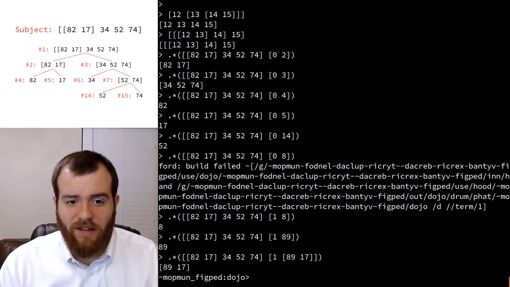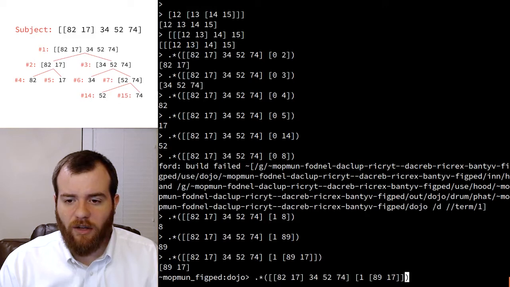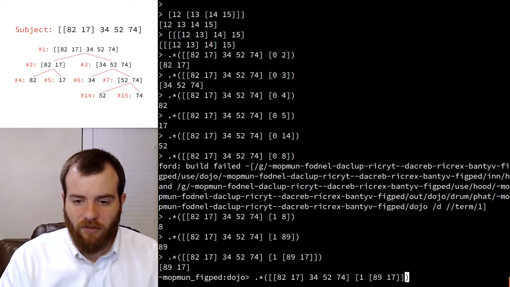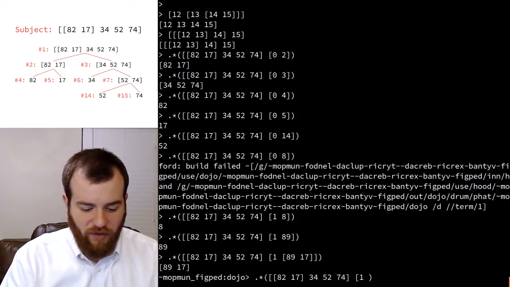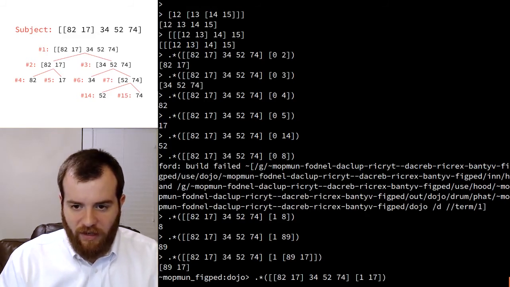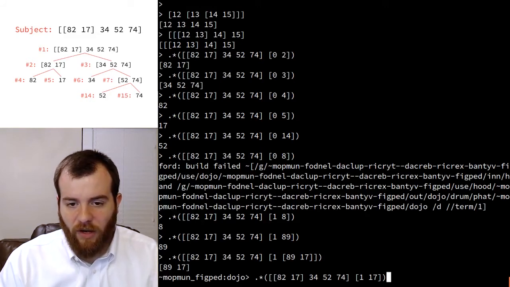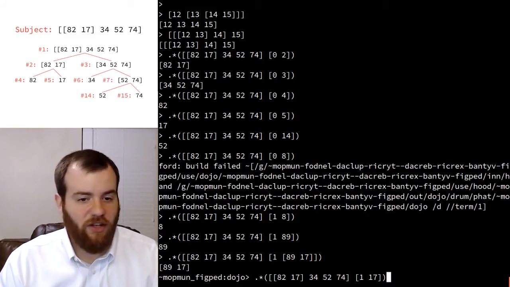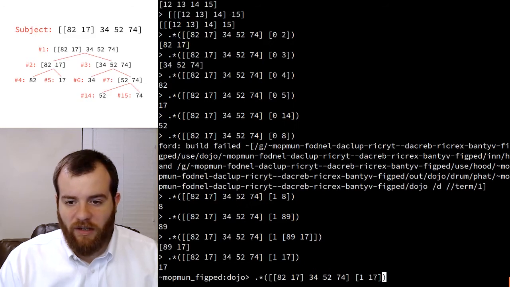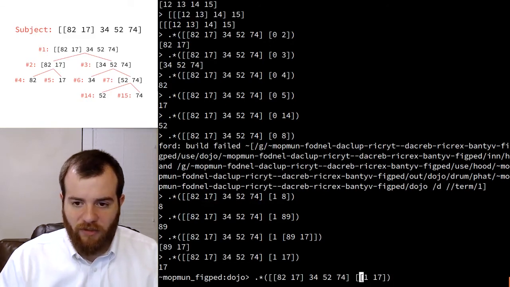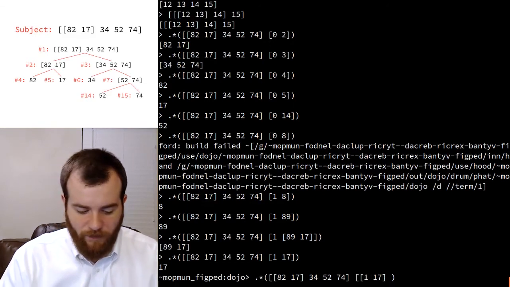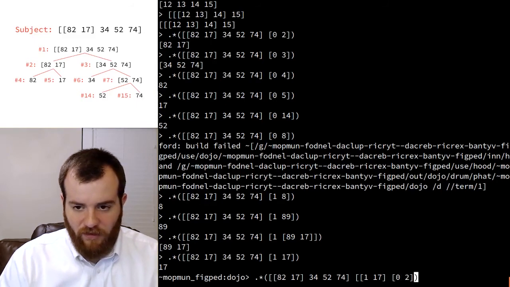All right, so I mentioned that there's a rule in the NOC spec which says any pair of NOC formulas is also a NOC formula. So let's combine these two things that we have. Let's say I have NOC 1 and then 17 immediately follows, so that should just return 17, which it does. Now let's combine that with another NOC formula so that we have a pair of NOC formulas. So let's say 0, 2.